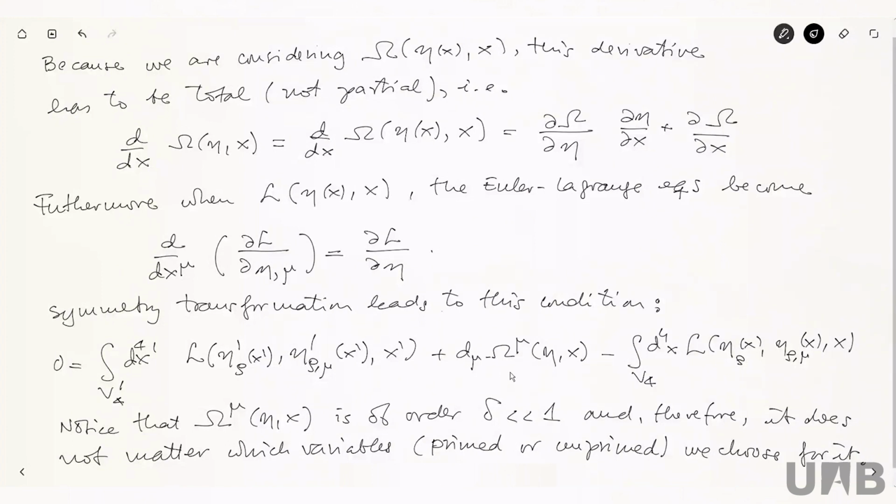I simplify my life by not putting primes, because this object is itself of order delta. So the difference between primed and unprimed is also of order delta, and keeping that difference would be of order delta squared, which I don't want. So I can, with impunity, just suppress all the prime variables. Is this also clear? This is something that we also did in the case of a system with finite degrees of freedom, a discrete system. So it's the same argument.